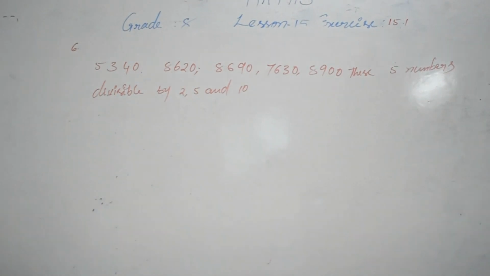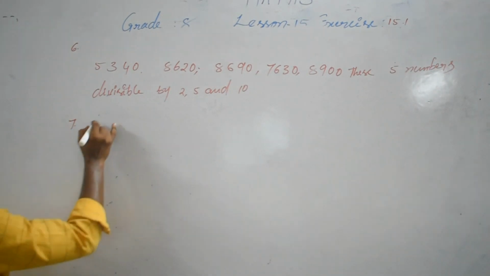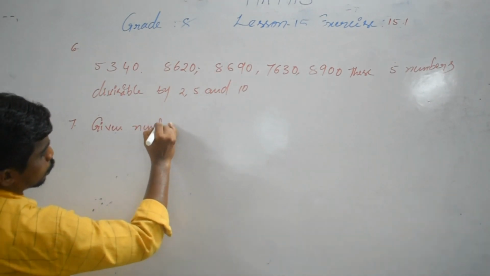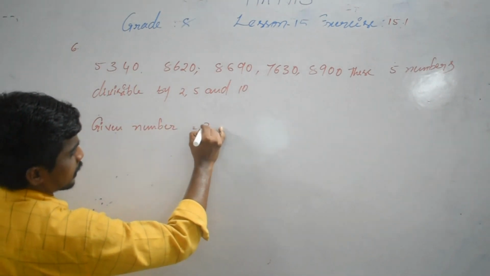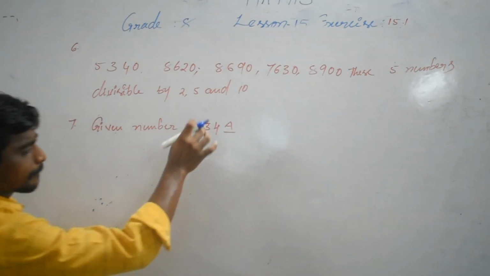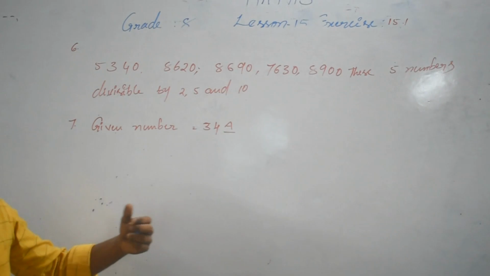This is the 7th. Here the given number is 34a, one digit that we don't know.